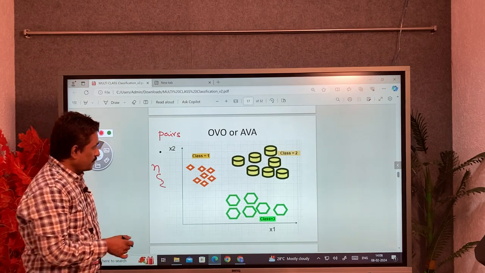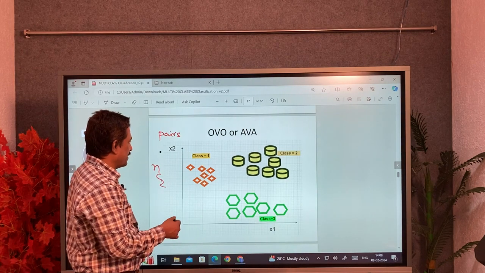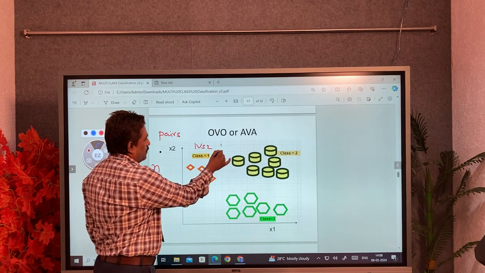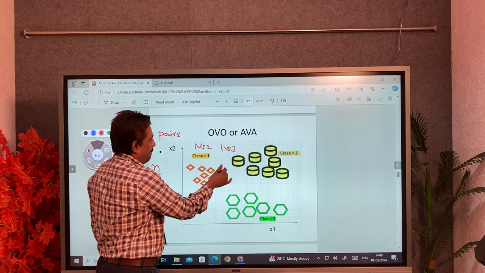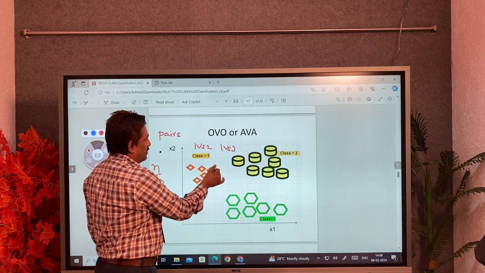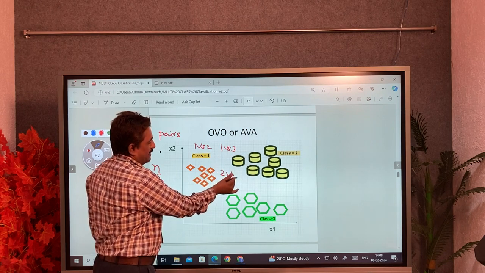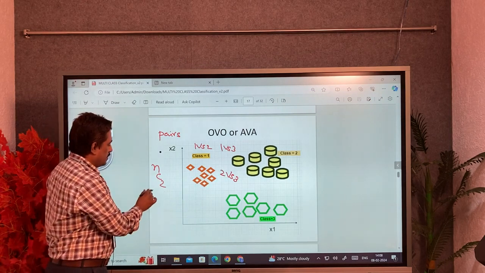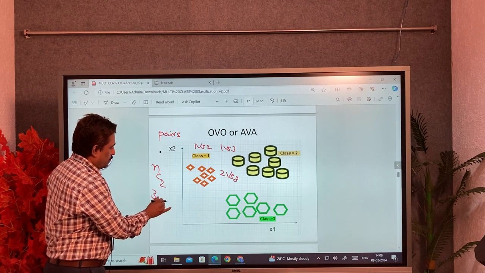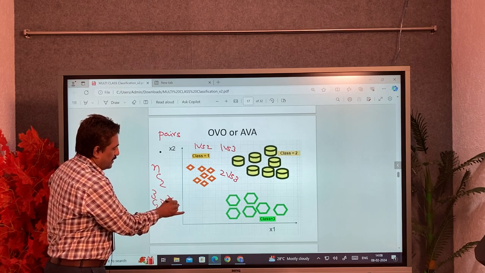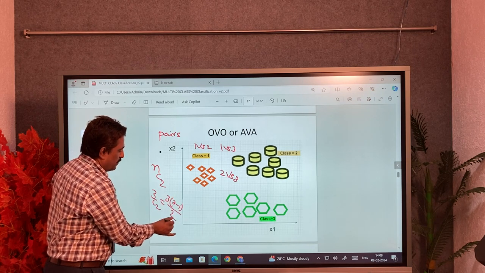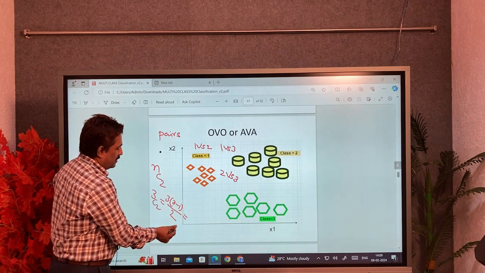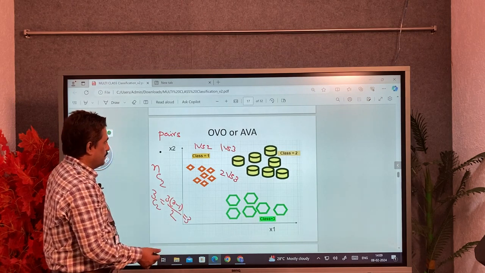So what models can I get? 1 versus 2, 1 versus 3. So 1 is completed, right. Then 2 versus 3. So we'll get 3 classifier models, that is 3C2, which is nothing but 3 into (3 minus 1) by 2. So the number of hypothesis functions is equal to nC2, or 3C2, that is here 3, okay.